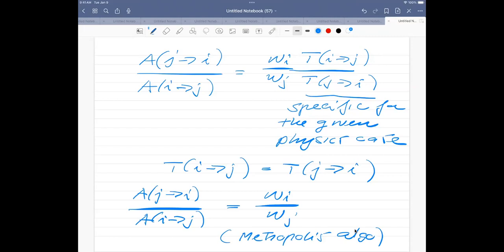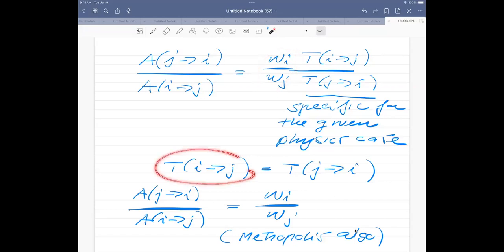Okay? So the thing which is of interest for us now is actually to evaluate this acceptance ratio. And that will tell us whether we will accept a move or not. Now, as you see it here, the only thing you can calculate is just this ratio.